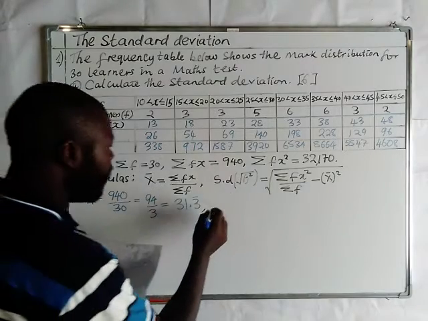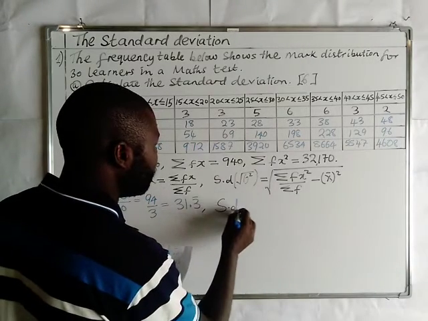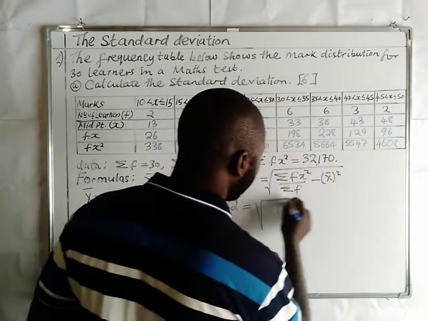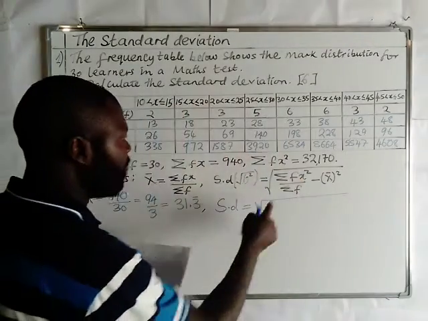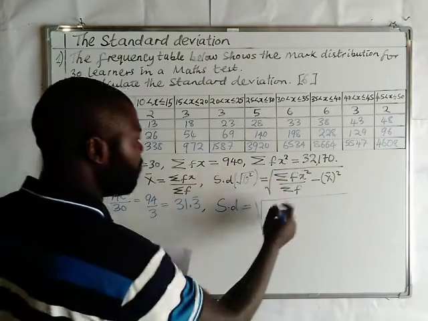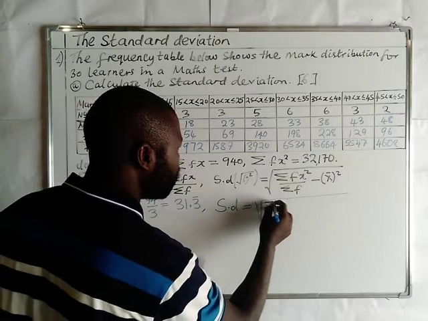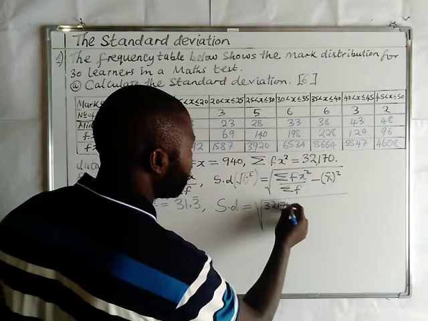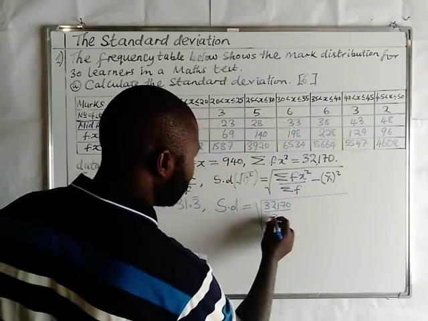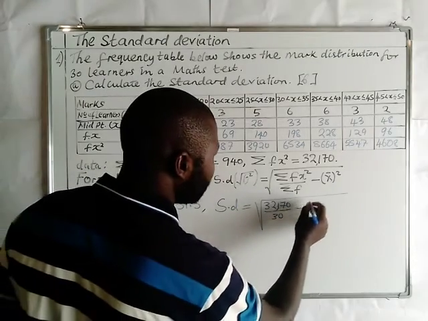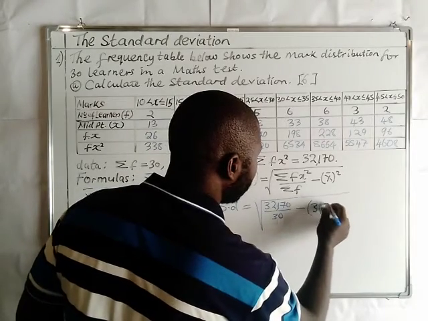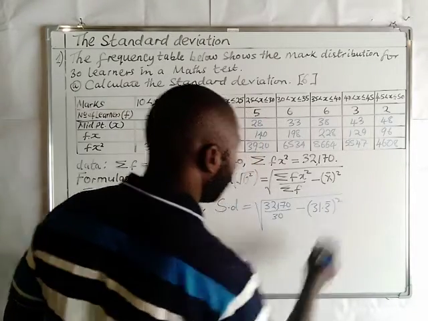So SD is equal to, the formula is there, so we simply substitute in the formula. We have the sum of fx squared, which is 32,170 over 30 here. Then minus the mean, 31.3 squared.